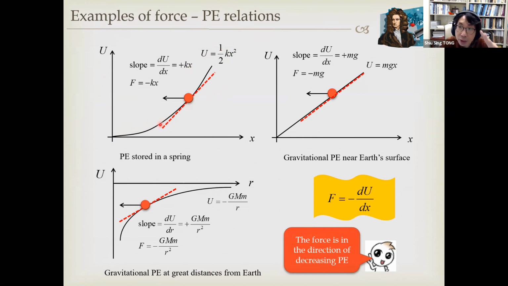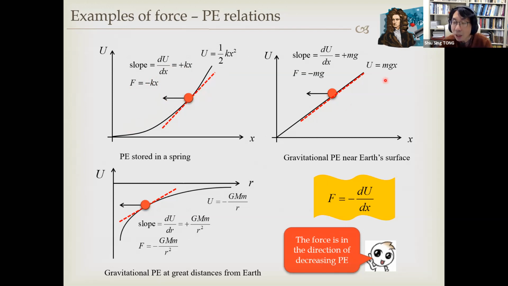Because now you see the slope is positive. When you differentiate it, you are finding the slope of the curve U. And for this case, you find that the slope is positive. So you have plus kx. But do not forget the minus sign. The conservative force is minus dU/dx. So when you add the minus sign, the conservative force is pointing to the negative x direction. And that means the conservative force is what? Is pointing in the direction of decreasing U.